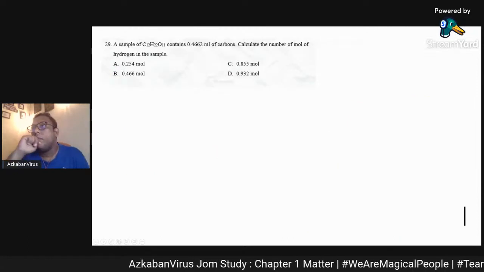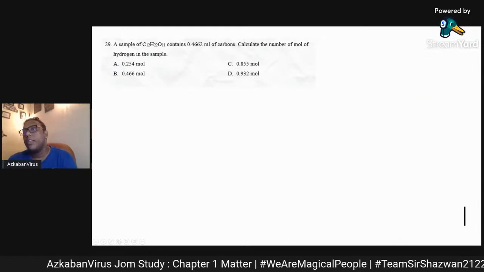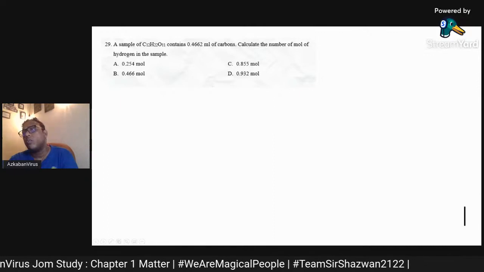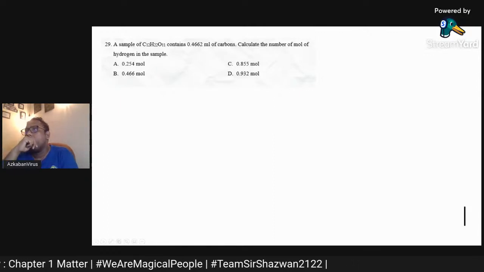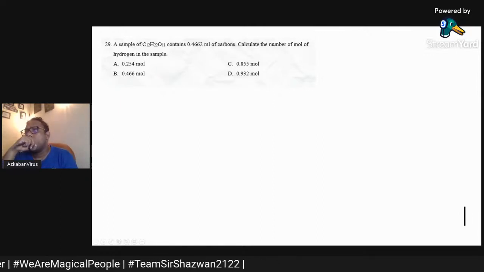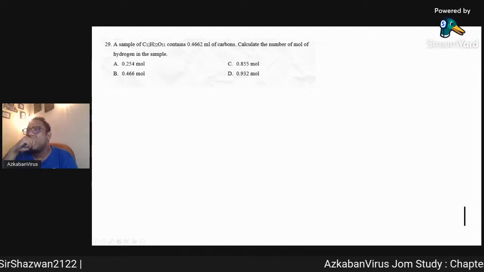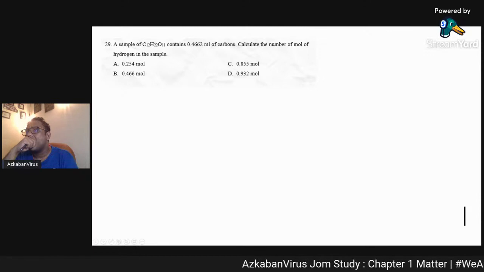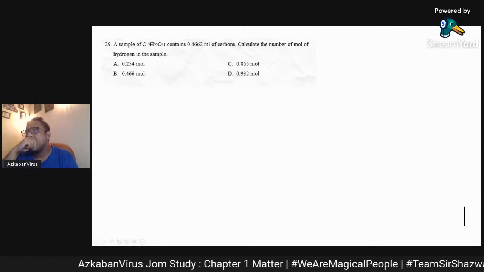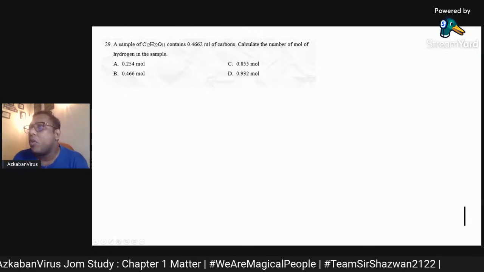Next one. A sample of C12H22O11 contain 0.4662 milliliter of carbon. I think ni typo ni. Ni mole ni.